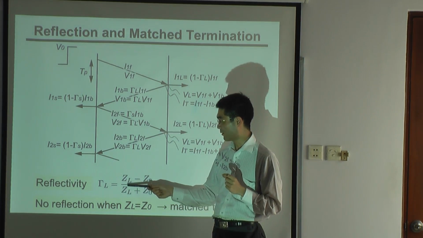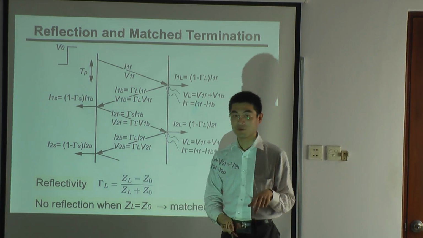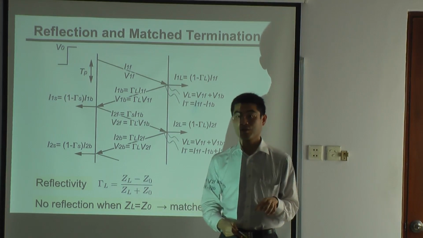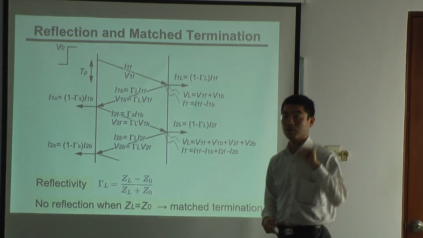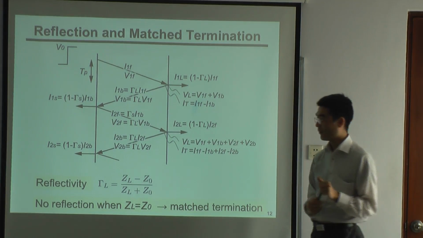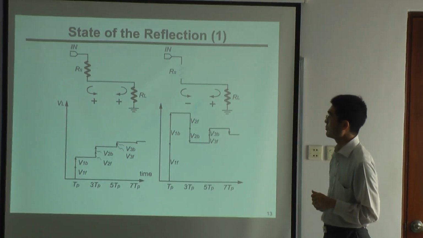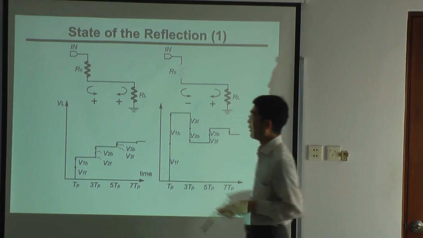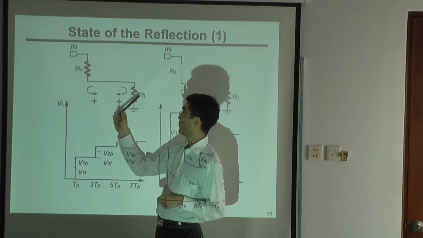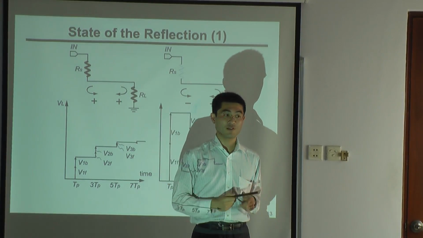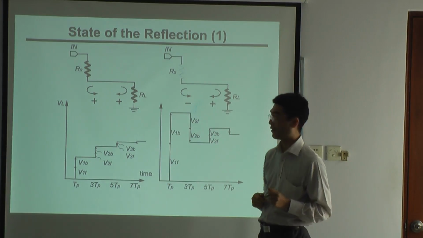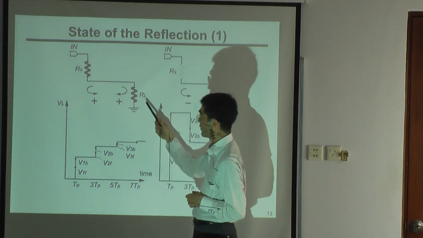And if the load impedance is smaller than the characteristic impedance, the reflectivity becomes minus. So let's say both of them are larger than the characteristic impedance.